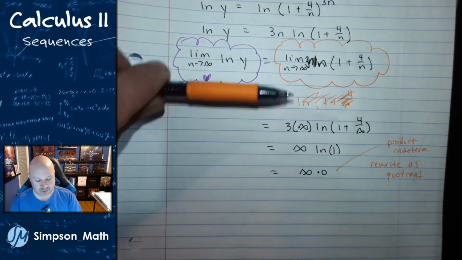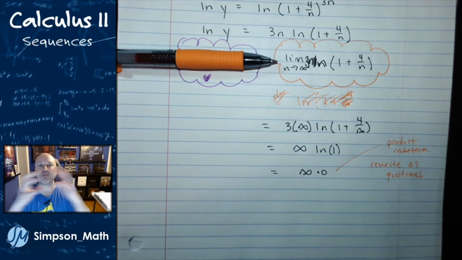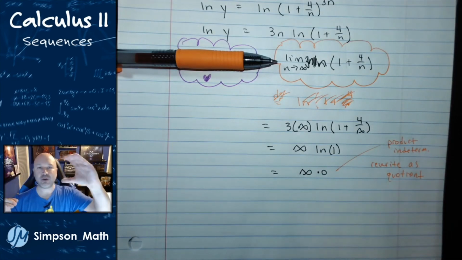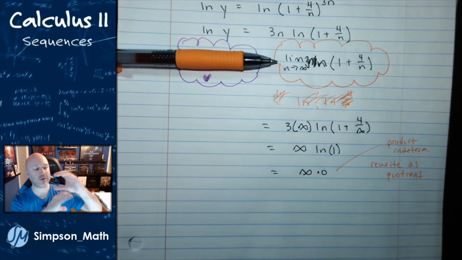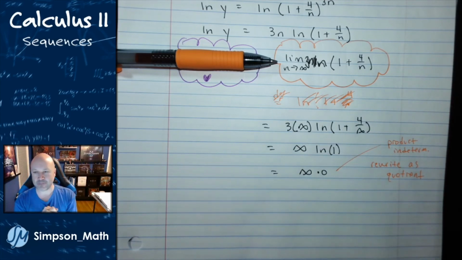If I can take this orange mess and, instead of multiplying the things together and getting nonsense, put it as a quotient, divide the things, and get infinity over infinity or 0 over 0, then I could go back and apply L'Hopital's rule to that orange stuff and hope it turns out that way.